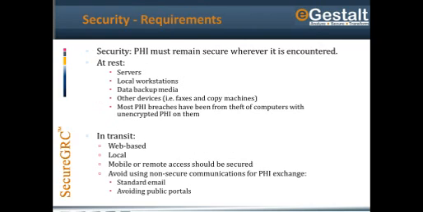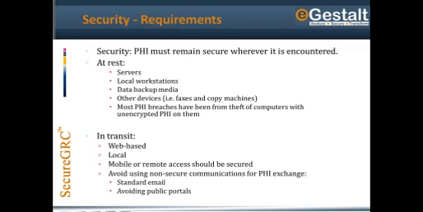So zooming in a little bit more on the security requirements. The bottom line requirement is that protected health information, wherever it resides, whether in the covered entity or in the business associate environment or in the vendor environment, security law requires that PHI must be secured, whether in electronic form, whether in physical form, whether the data is sitting on servers, workstations, backups, laptops, mobile media, doesn't matter.